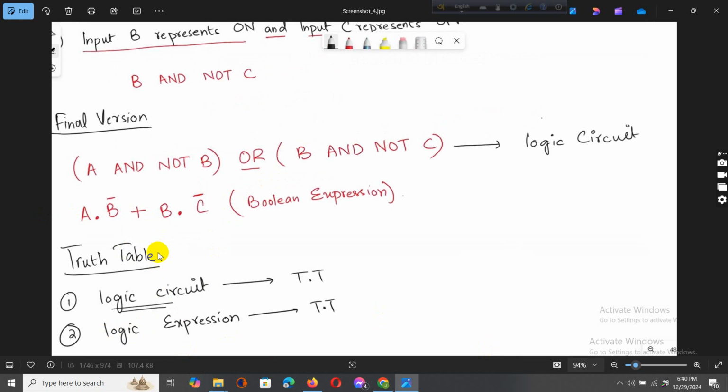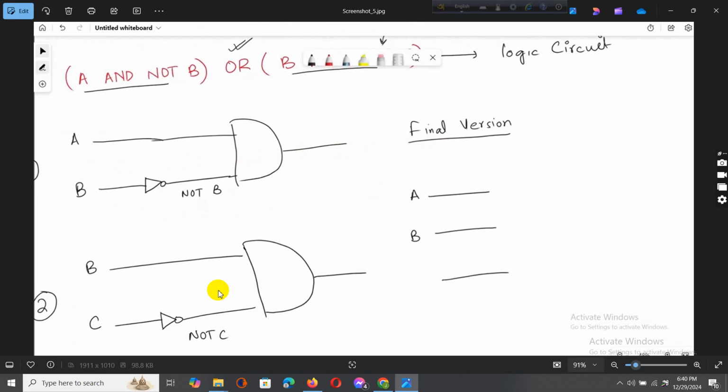Now you have to make the truth table and the logic circuit. This is your logic expression, so now you draw your logic circuit.